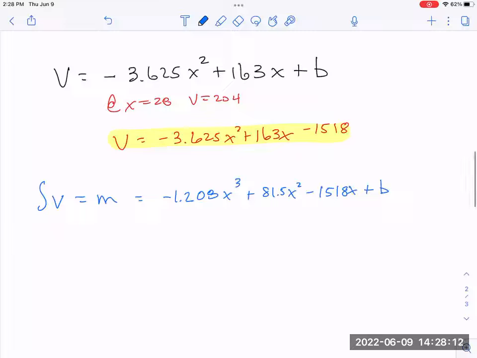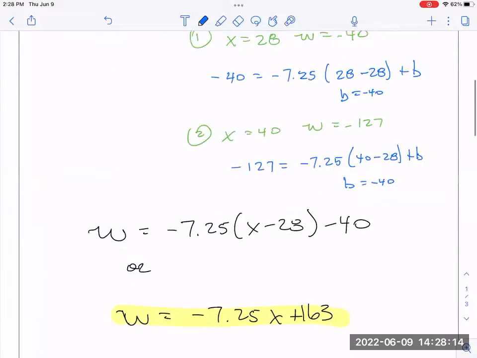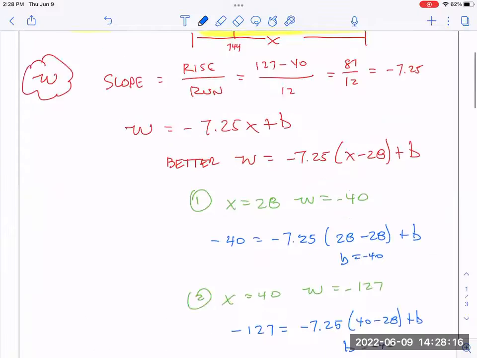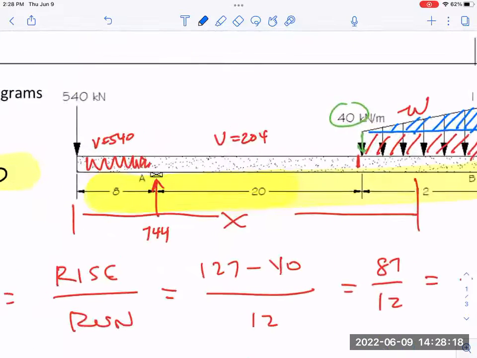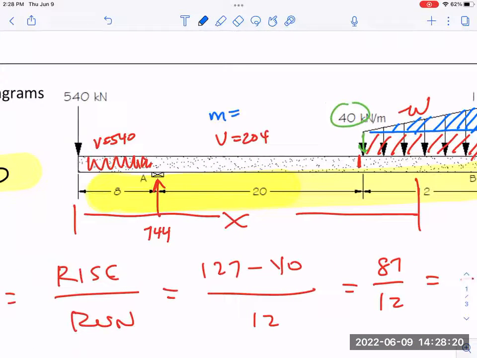And so I'm going to have to know the moment of the previous section for this, and I'm not going to take the time to calculate that, to let you guys out, because the moment for this section will be 204x, but this b is not going to be 0. In other words, I need to know what that is. So that 540 will be 0. That's exactly right.